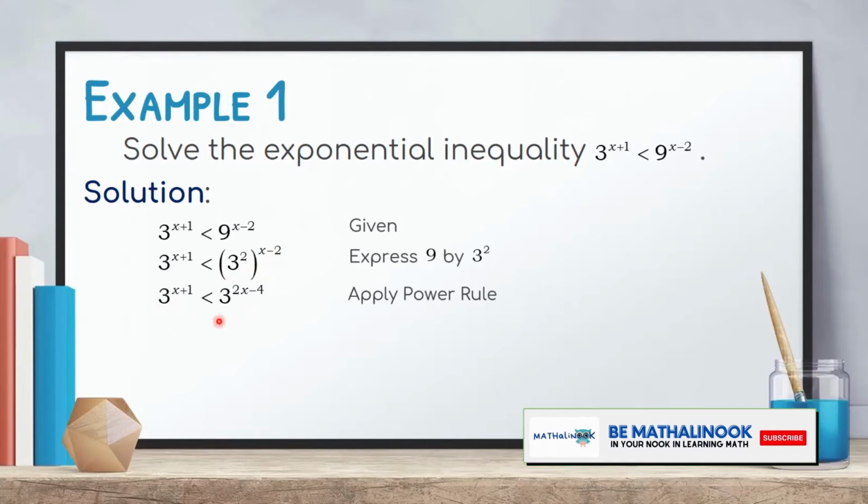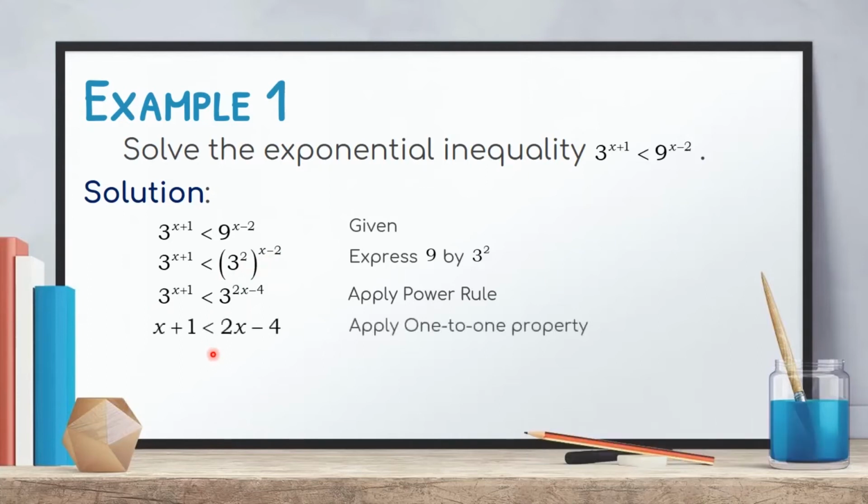Since we now have the same bases and the base is greater than 1, the exponents will follow the same inequality symbol. So we're going to have x plus 1 is less than 2x minus 4.